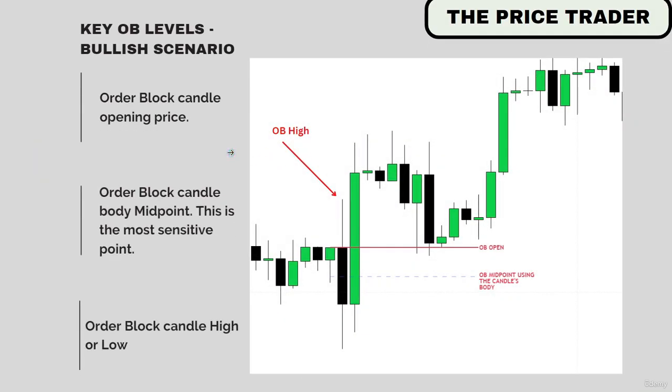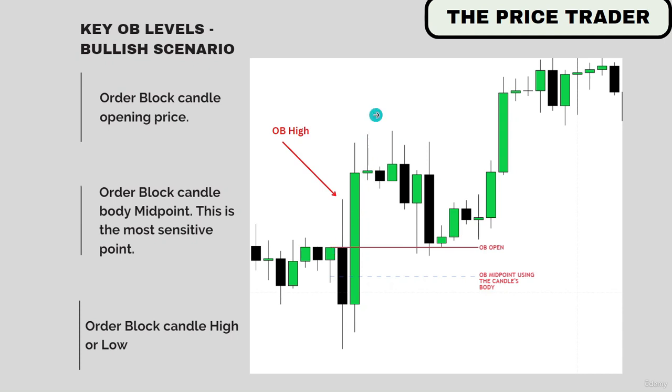So these are the key levels that you should be watching when considering an order block as a reference point in price action. The first thing you want to be watching is the opening price. I like the opening price, especially when you don't have such a wick. So if you don't have wicks within the order block, if you're looking for the order block to be retested, maybe this is a bullish order block.